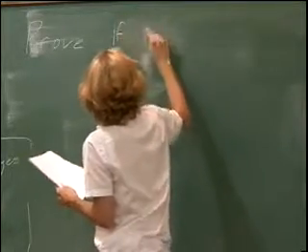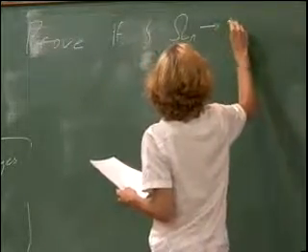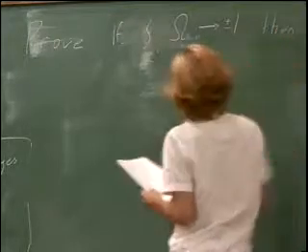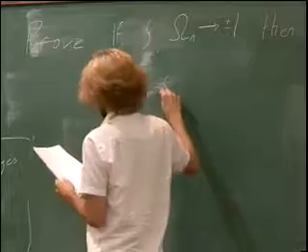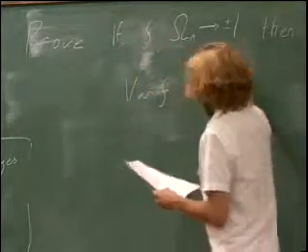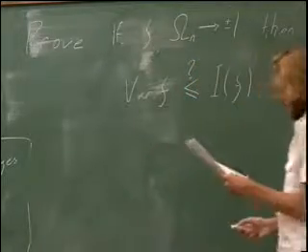Prove that if f maps omega n to plus and minus 1, then the variance of f is bounded by the total influence of f.